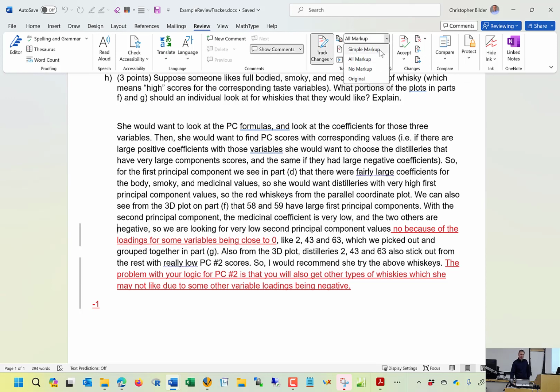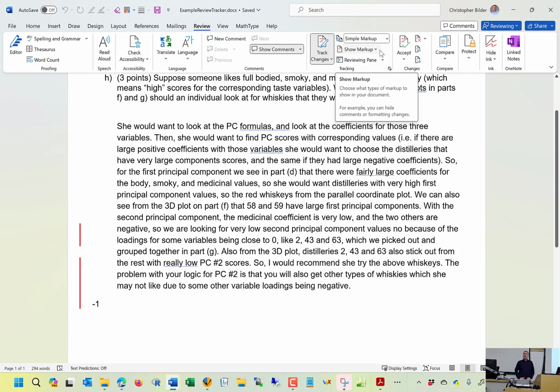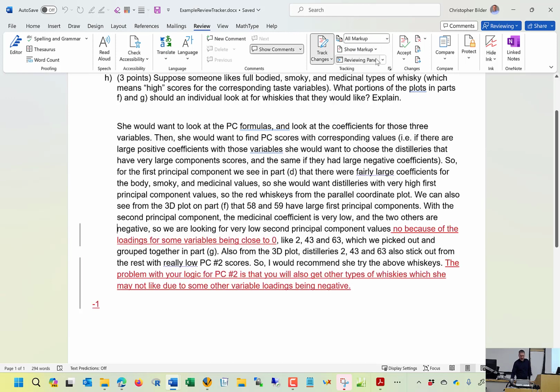Look at the difference. Now it's a lot harder to see where my actual comments are. Sure, we have some red lines on the left side that help you see it, but it's definitely not as good as all markup. So make sure for your projects you use all markup so you don't miss anything that I have put on your project.